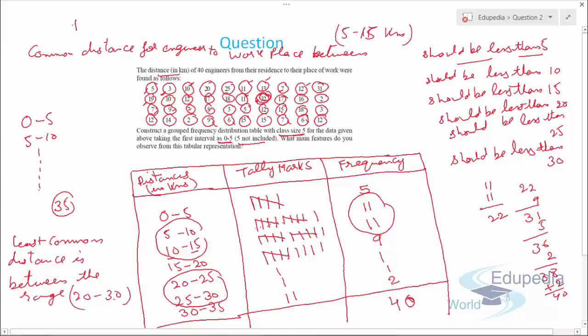And what is the range of the distance? We need to find the range of a distance. We need to check the lowest distance, which is 2, and the highest distance is 32, right? So this means the range will be 32 minus 2, which is 30, right? So this is how we can infer the information from the tabular form, right?